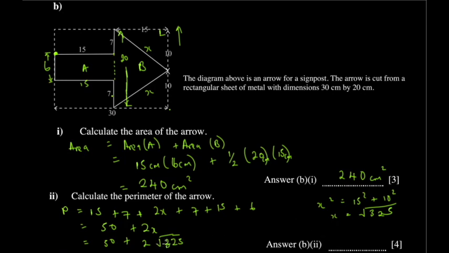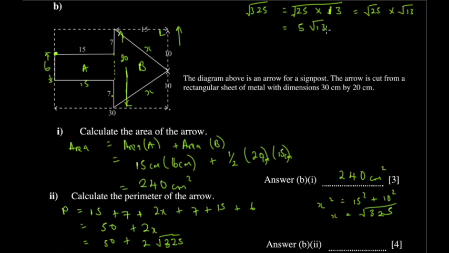If they ask you to leave this answer in surd form, you can see that 25 is a factor here. So 325 will be equal to 25 times something. 325 divided by 25 gives you 13, so 25 times 13. So the square root of 325 is equal to the square root of 25 times the square root of 13. You know the square root of 25 already, which is 5, but the square root of 13 you can't know.